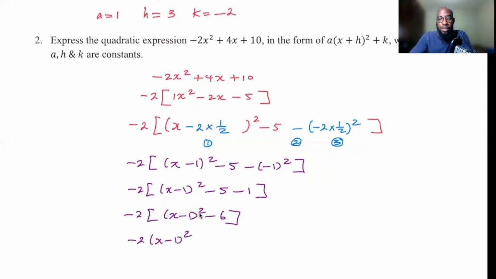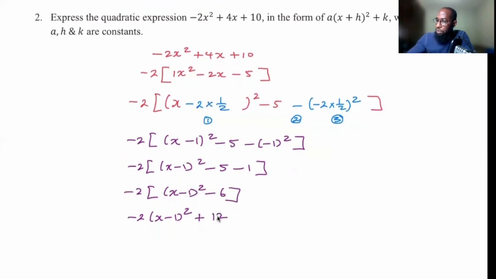When we're multiplying same signs, it's a positive. 2 times 6 is 12. So A is equal to -2, H is equal to -1, and K is equal to +12.